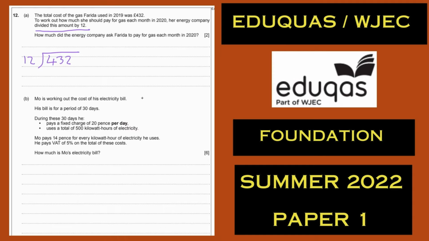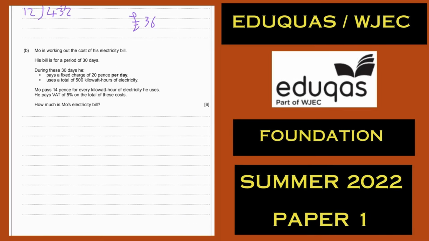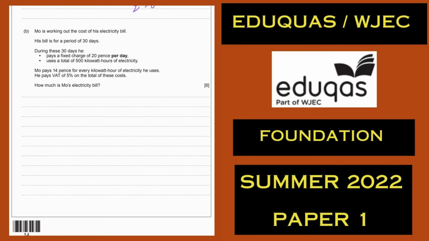Don't bother with this minusing nonsense. 12s into 43. 3 12s are 36, with a remainder of 7. 12 into 72 goes 6, and that's all it wanted. £36 per month.